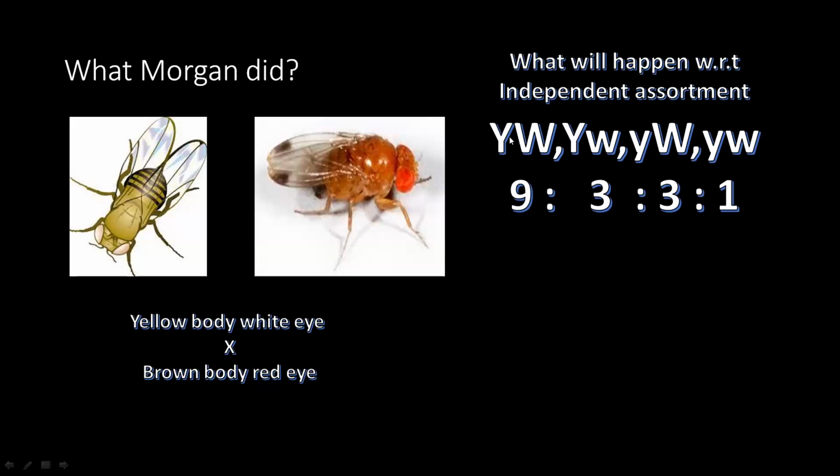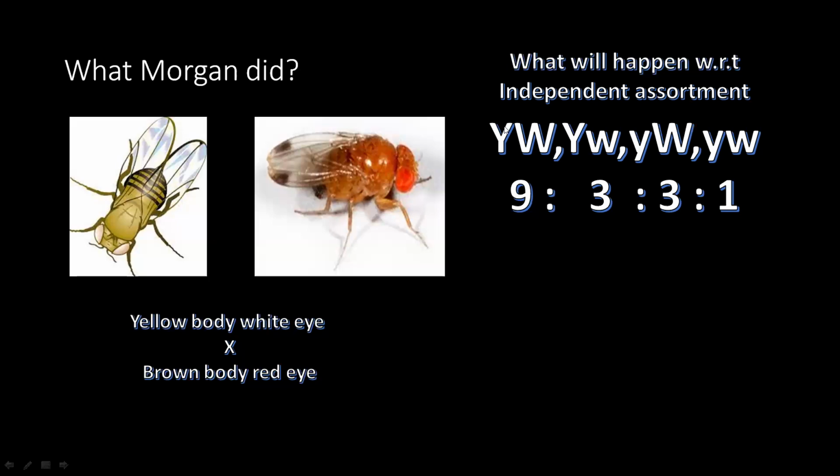Now here what we have to get is this: yellow body and red eye, yellow body and white eye, brown body and red eye, and brown body and white eye. But we didn't get this.